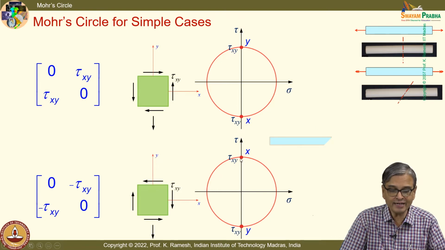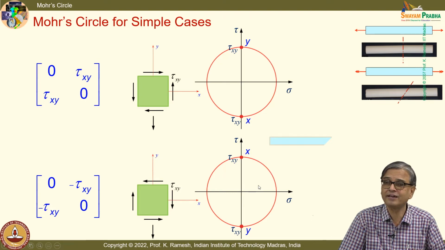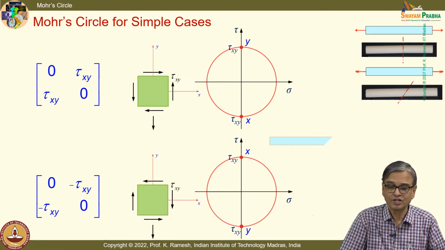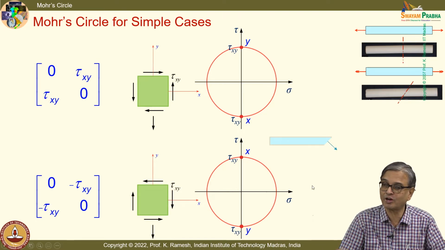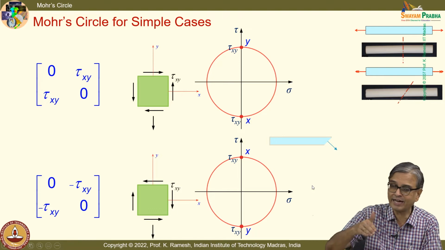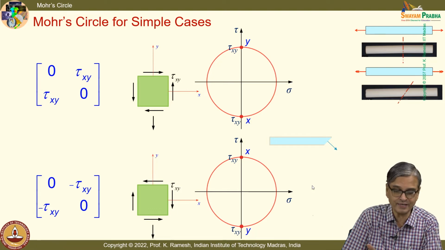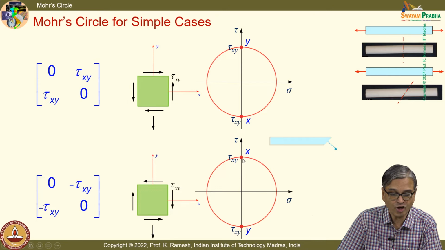And what I find is the normal stress is maximum on this plane which is separated by 45 degrees. The plane is determined by the outward normal. So, I rotate from the x direction clockwise, because I rotate clockwise 90 degrees in the Mohr circle.